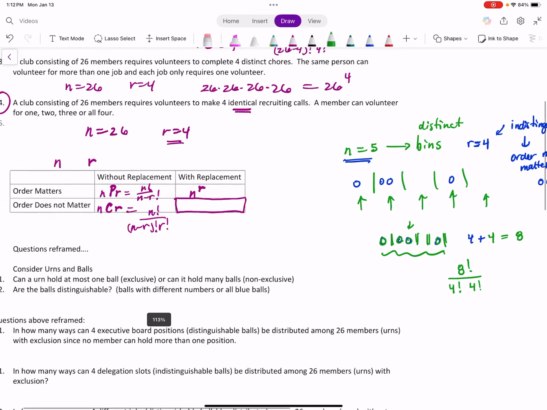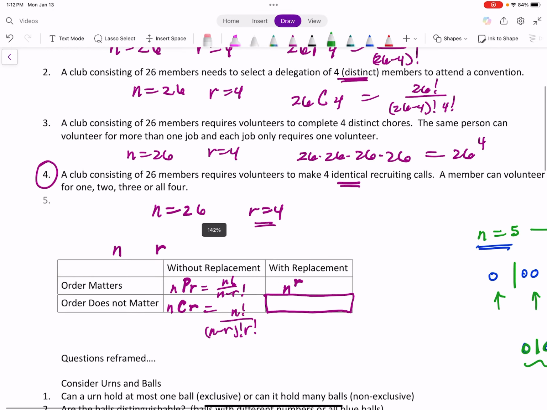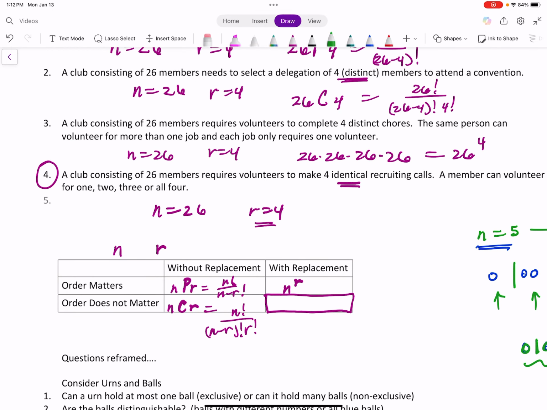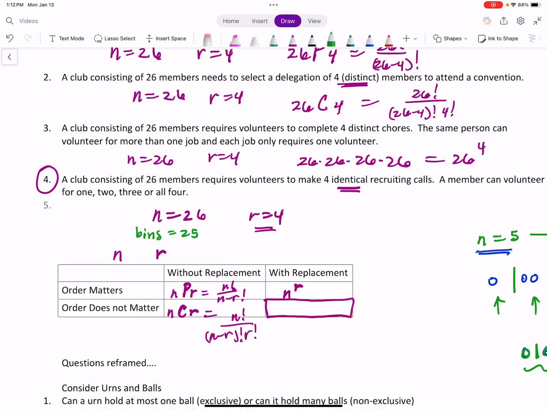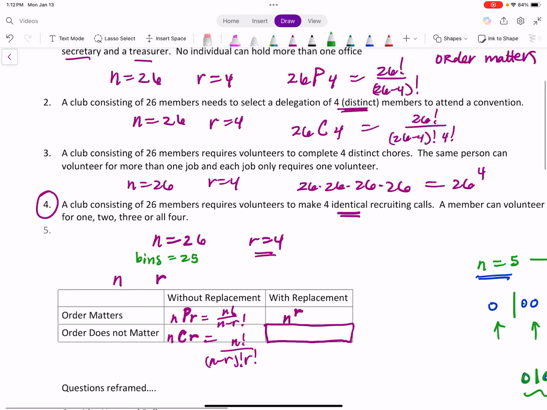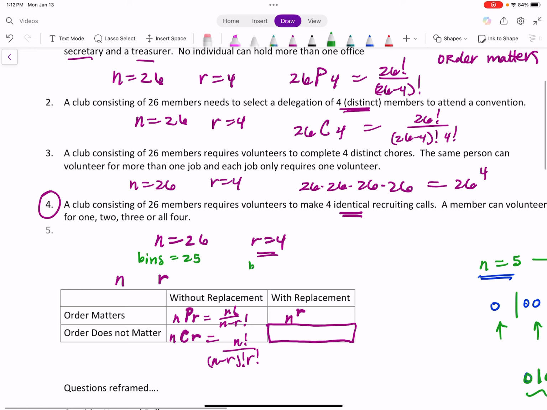Okay, so let's go back to this question here. A club consisting of 26 members, N is 26. So how many bins do we have? We would have 25 bins. Remember, we only need 1 less divider for the number of bins. And they're identical calls, so we have 4 balls that are indistinguishable.